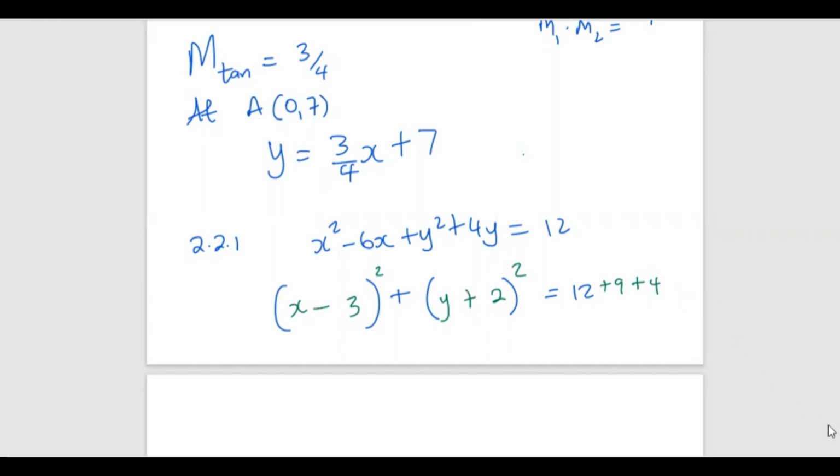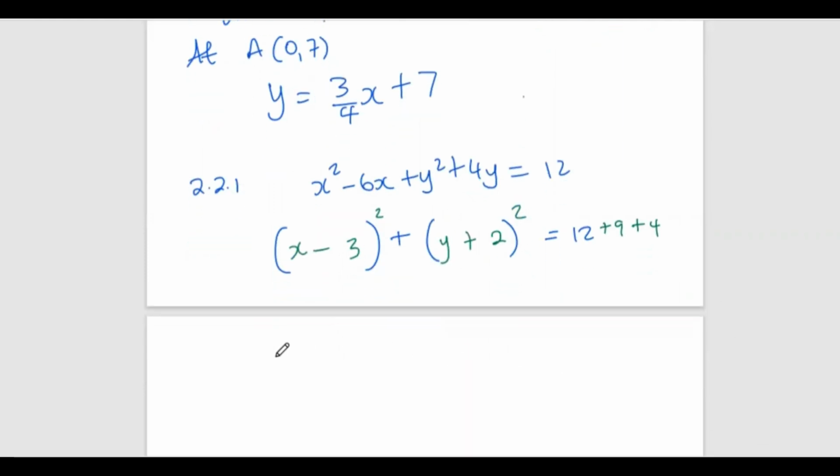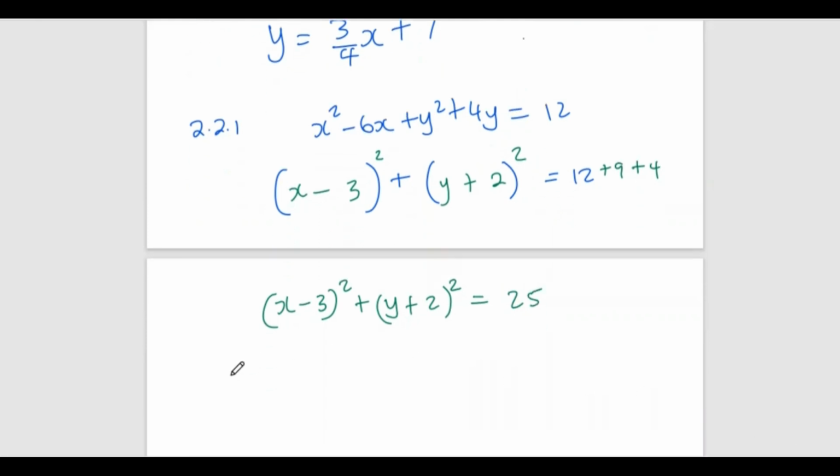Which means I'm having x minus 3 squared plus y plus 2 squared is equal to 12 plus 9 plus 4. Is that true? Yes, which is 25. So the coordinates of K are going to be (3, -2).